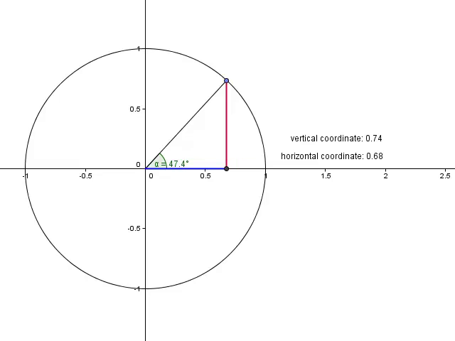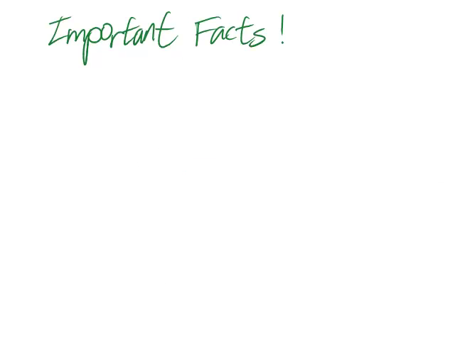But I'm going to stop talking about this now and come back to this other thing where we can list the important facts we just learned by looking at a unit circle. So here's the thing, right? We did the unit circle, it's nice and pretty, but what are the important things?